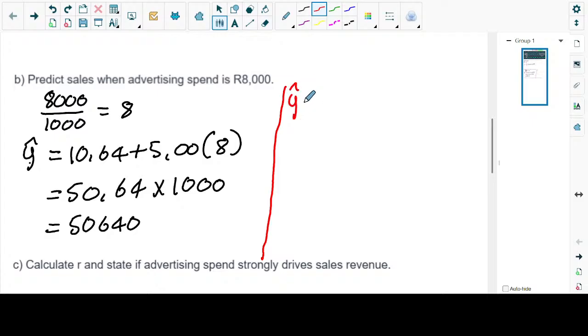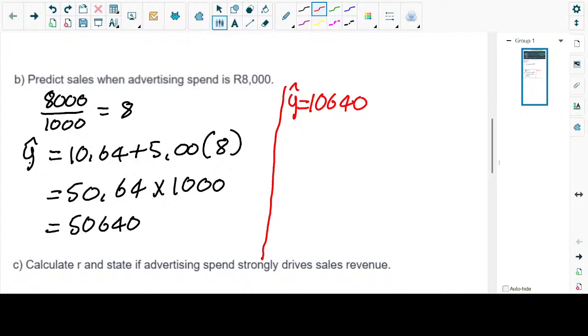If you multiply the Y-hat, the first one, 10.64, we're going to get 10,640. We multiply the 10.64 by 1,000, and then you get 10,640. You can check it on your calculator, so that you don't say my calculator didn't work.